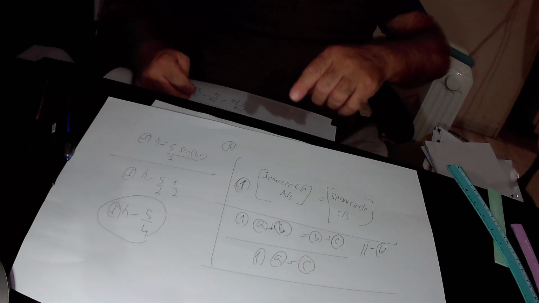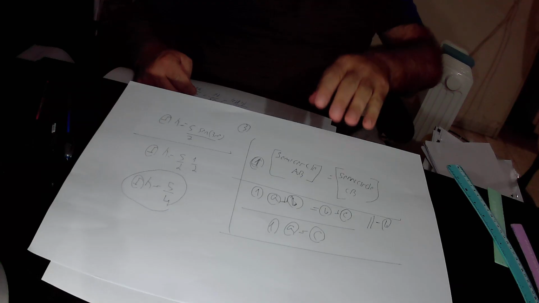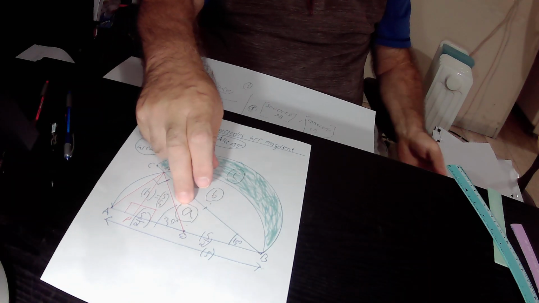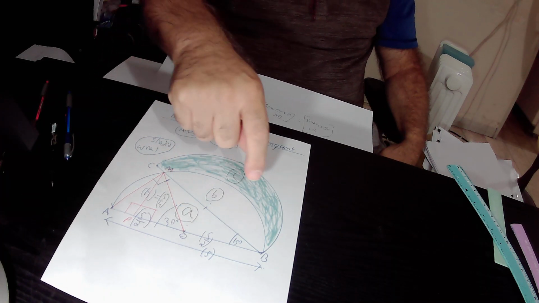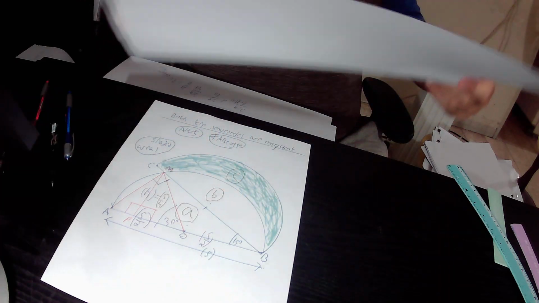But before that, because those two semicircles are identical, they must also have the same area. So the area of this semicircle CB must be equal to the area of this semicircle AB.